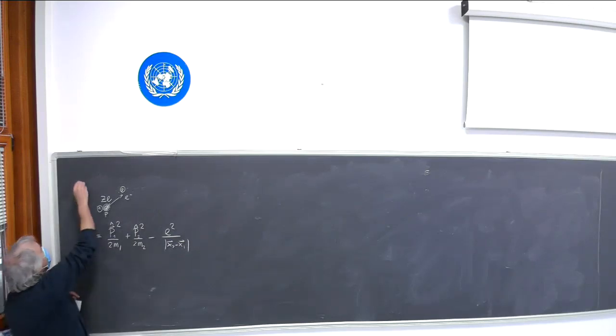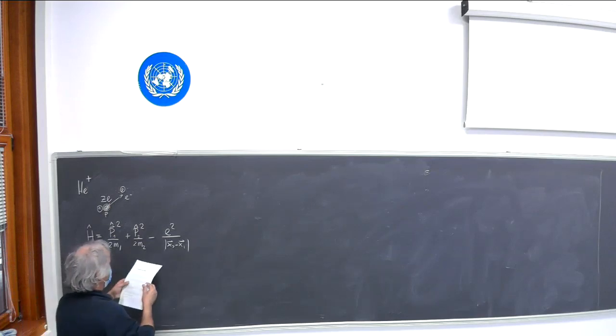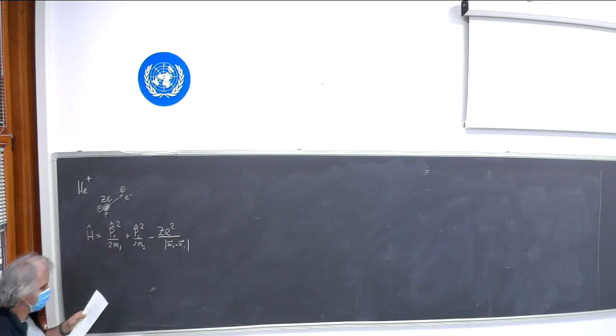So helium plus would be still described by this thing, because it has only one electron, okay? Lithium 2 plus, okay, has an even fatter nucleus, but still I have taken away 2 of the 3 electrons and only 1 is remaining, okay? So in some sense, I'm studying a hydrogen-like problem with 1 electron and a nucleus, which might have a charge generally larger than 1. Okay, so if you want, you can put here a factor Z.